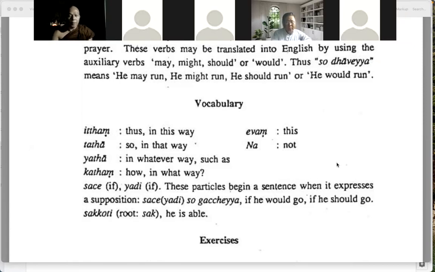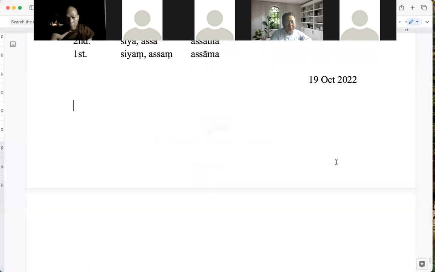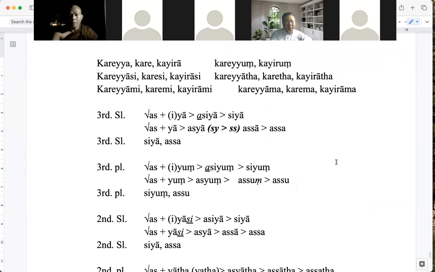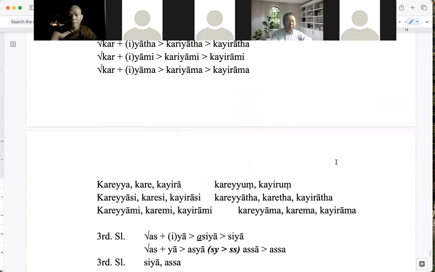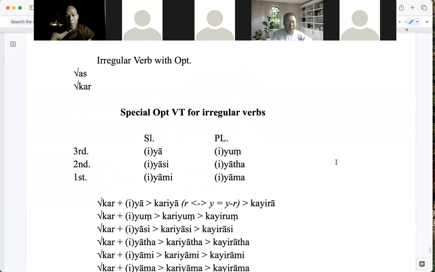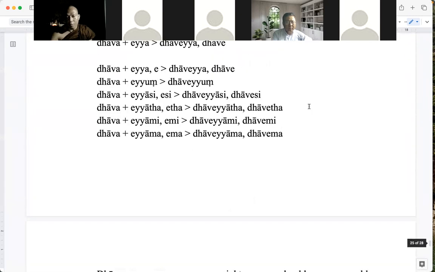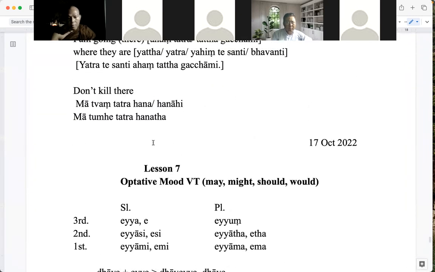So last time we learned how to form the optative verb, especially with the special verb termination for the optative and the regular verb termination.